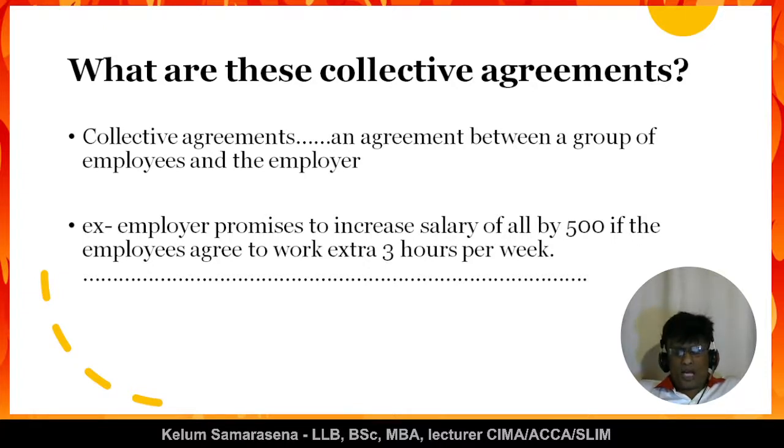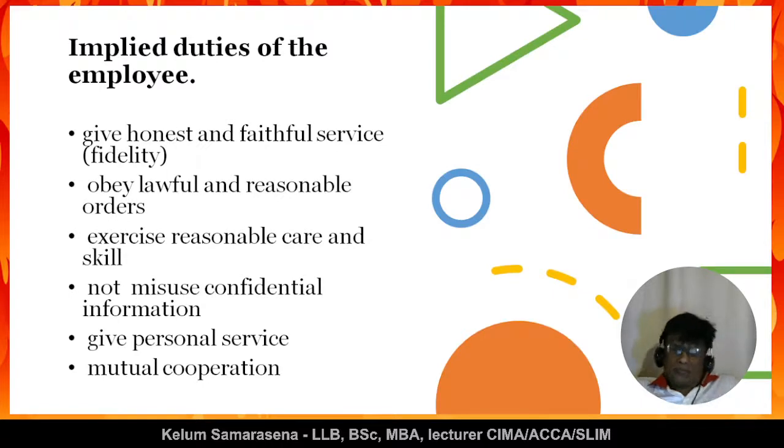So if I join a company with, let's say, 10,000 rupees salary, but then after a couple of years, after an agreement with all the employees, the employer decides to agree to increase the salary by 500 rupees to me as well as to the others, so that's a collective agreement. They're also okay. Yeah, this is a very important thing.